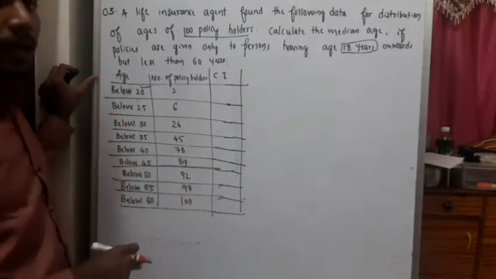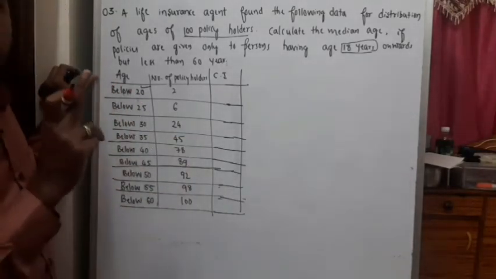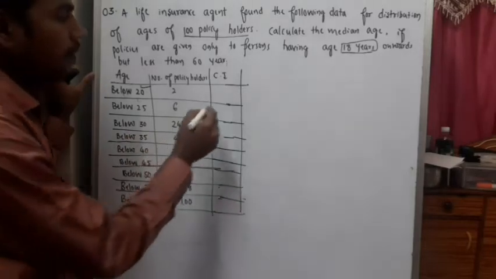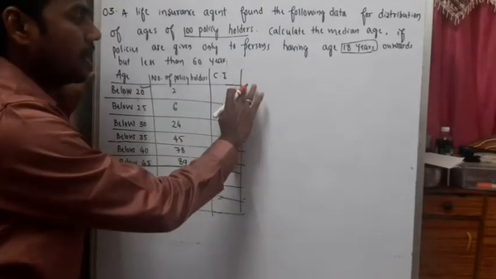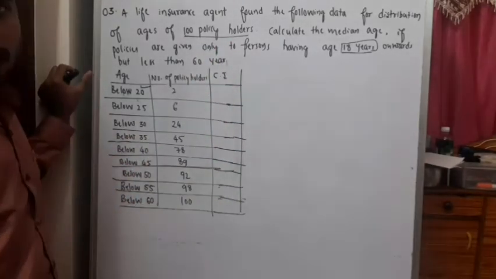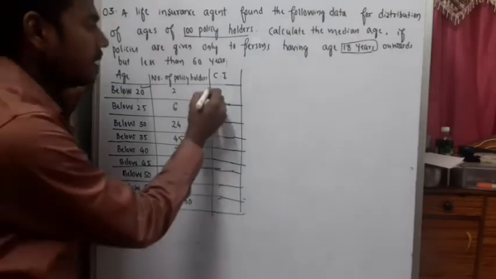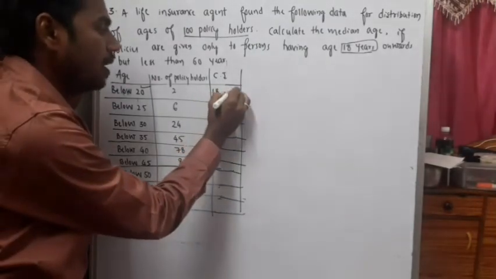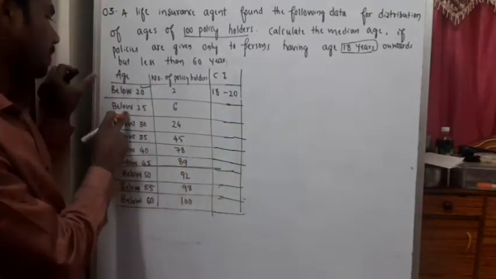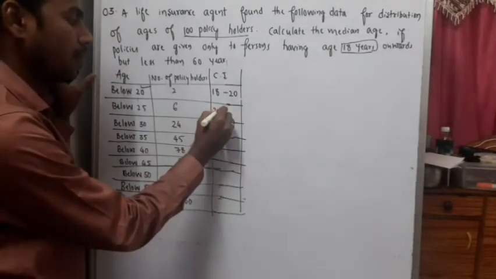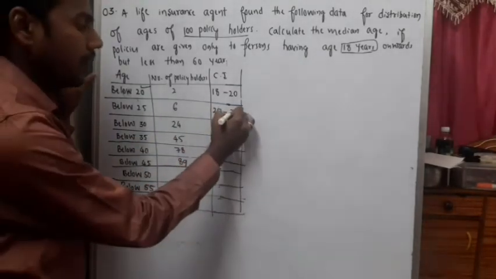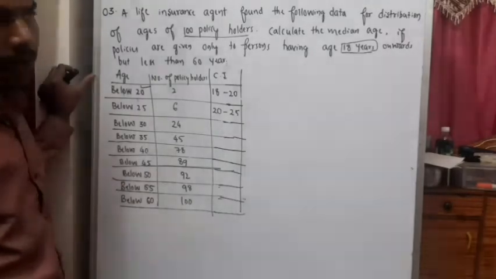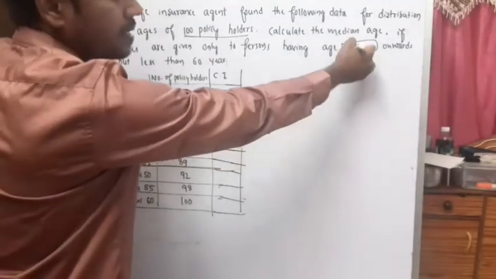See, below 20 means, so the minimum age to get the policy is 18 to 20. Then below 25 means 20 to 25. Why have I written 18 here? Because the minimum age requirement is 18.